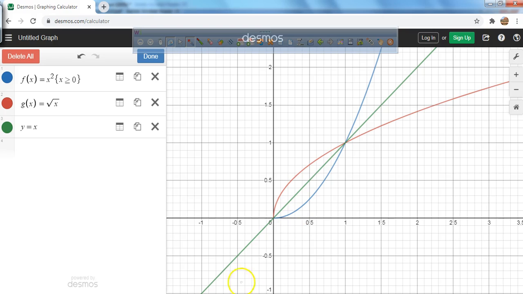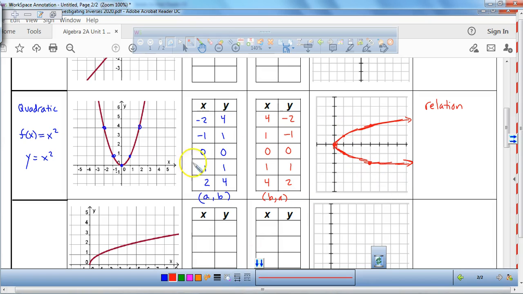So let's go back. All right, so check this out. If I drew my parabola right here, which is still at 0, 0, 1, 1, 2, 4, and I did it on both sides, you can see that if I draw a line, y equals x, which is right here going through, you can see that it reflects across y equals x.